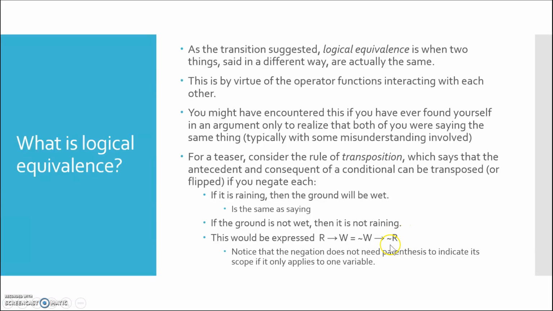Negation is the only one that has one variable, so you won't need to do that. However, you'll remember that the previous example did have a negation on the outside of a parentheses. That just indicates that it is the primary operator and that the conditional is its variable.